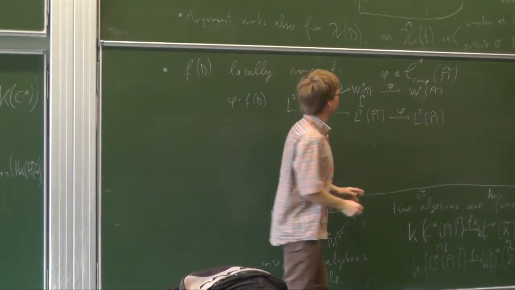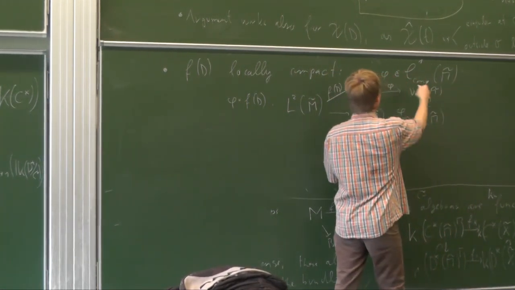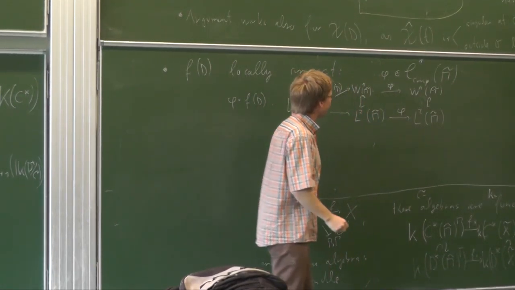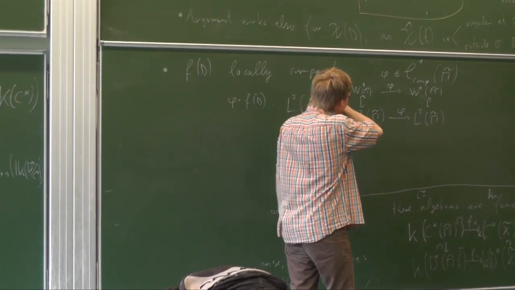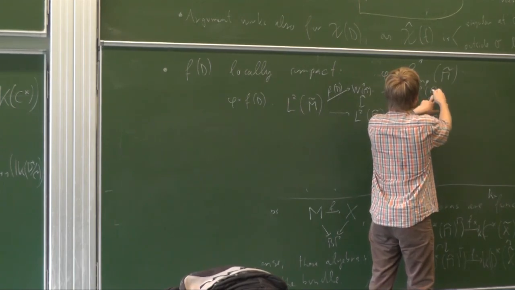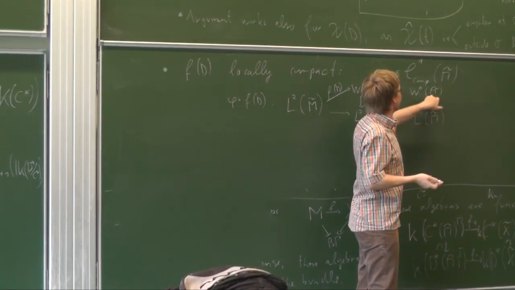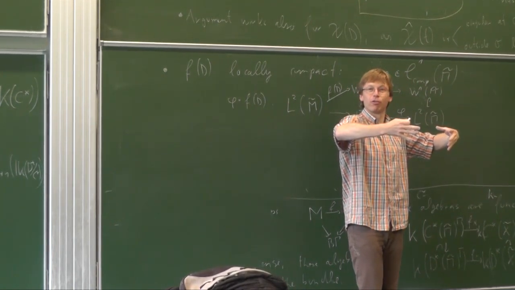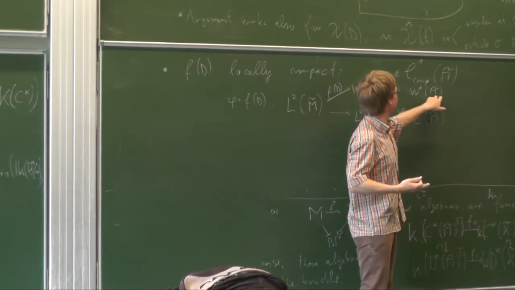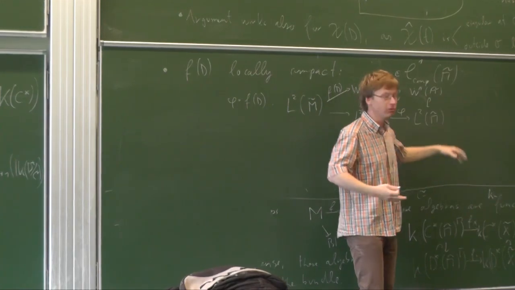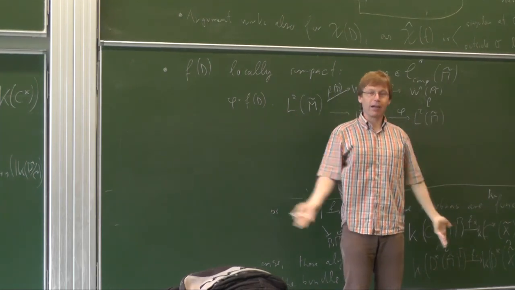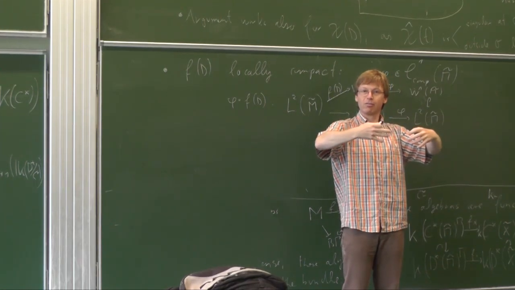That's a continuous map, and first multiplying and then including, or first including and multiplying, of course commute. What is happening now is that after multiplying with phi, we land of course only in the W1 functions which are supported on the support of phi, which is a compact subset of N tilde. So we can replace the inclusion of W1 into L2 by the inclusion of W1 into L2 for some compact manifold which contains this piece which is relevant.